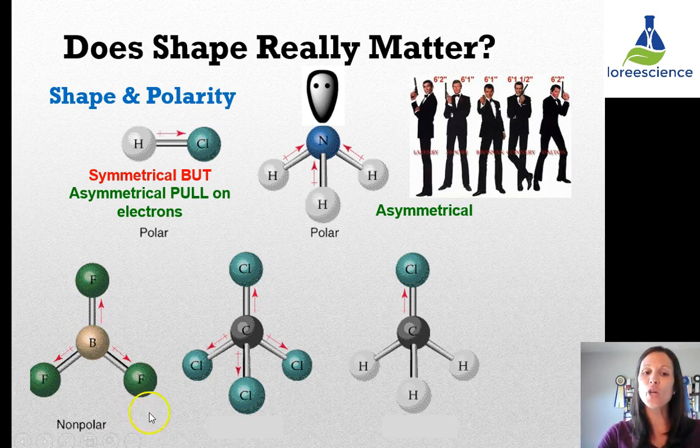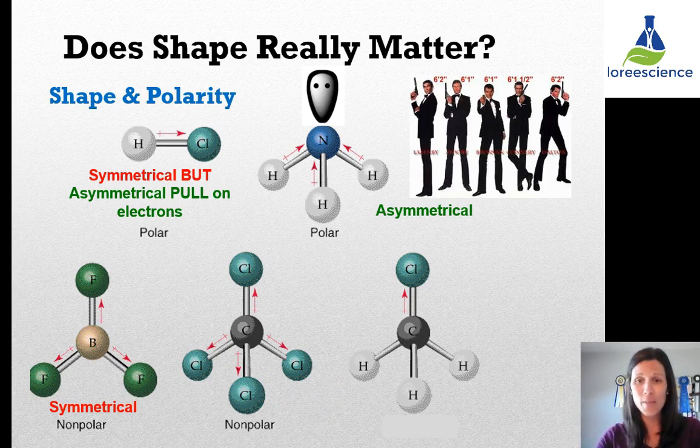This one down here is non-polar because it is completely symmetrical. If we were to draw a line down the middle, it would be completely symmetrical, meaning that all of those poles would cancel each other out. Like a tug of war for the electrons, having everybody equal pull in opposite directions. This one's also non-polar because it is symmetrical.